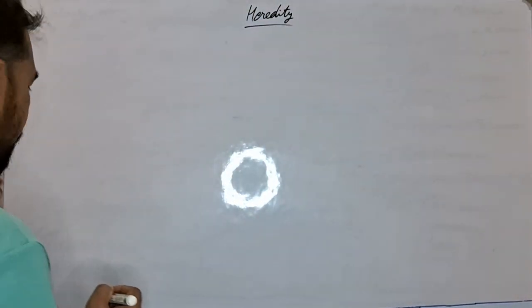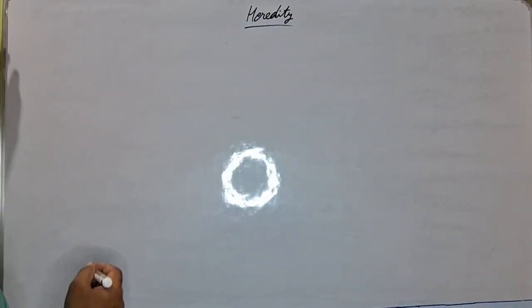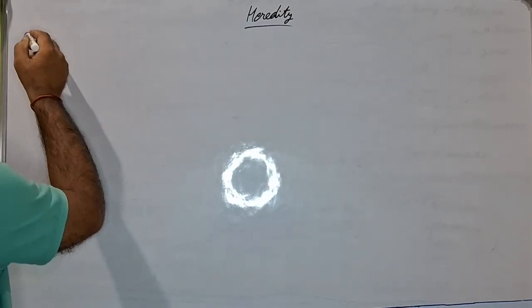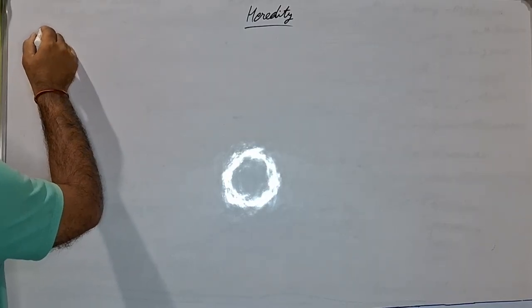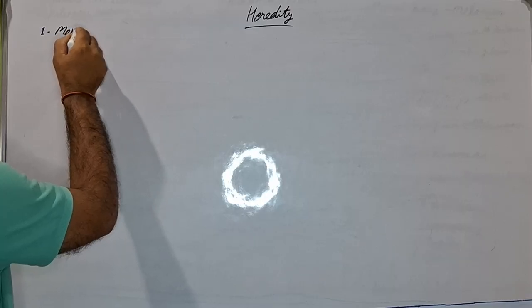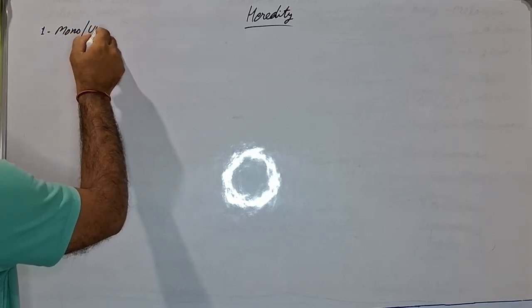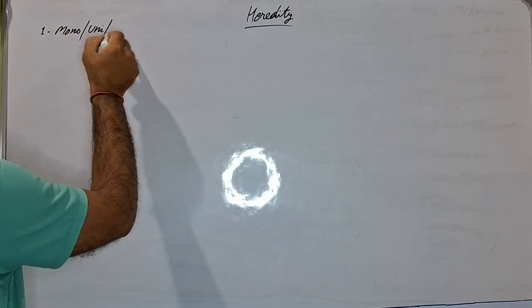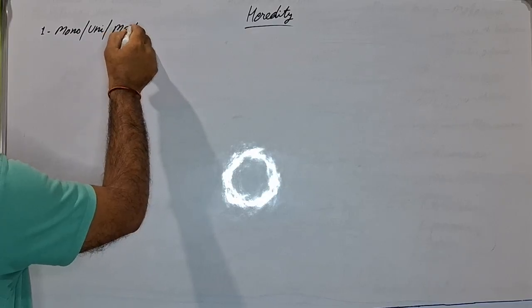Very first of all, we need to know about the counting in science. One is known as mono or uni or meth.